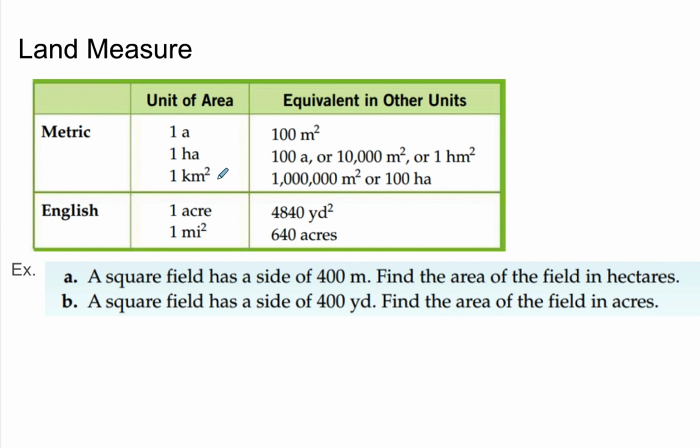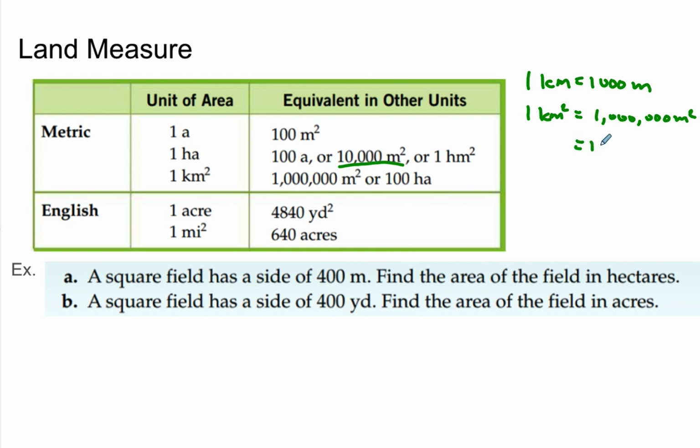And 1 square kilometer is equal to 1 million square meter, because we already talked about 1 kilometer is equal to 1,000 meter. Then the square of that will be 1 million square meter. And we know that 1 million square meter is 100 times more than this, right?